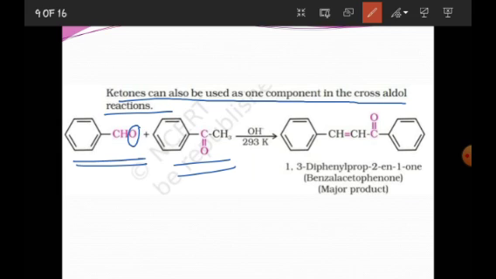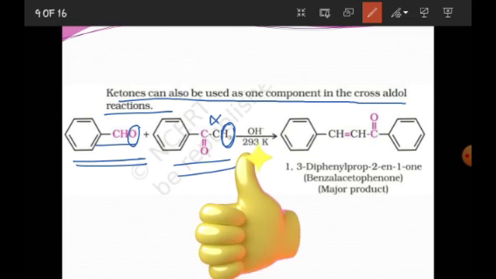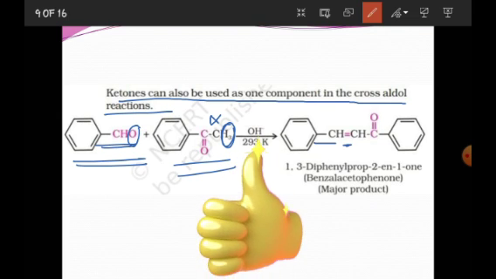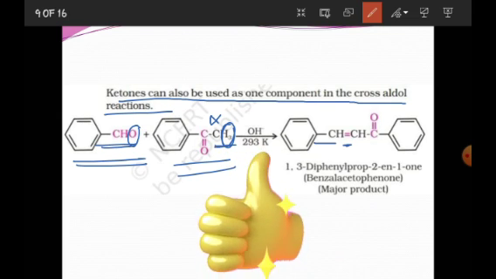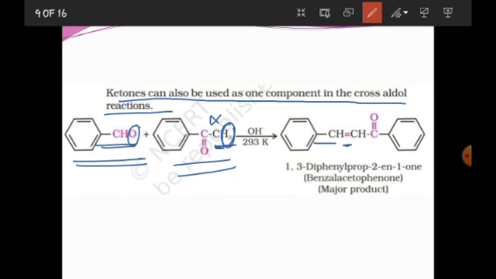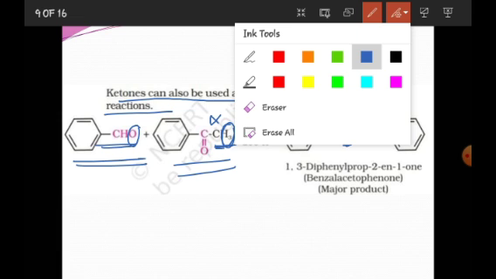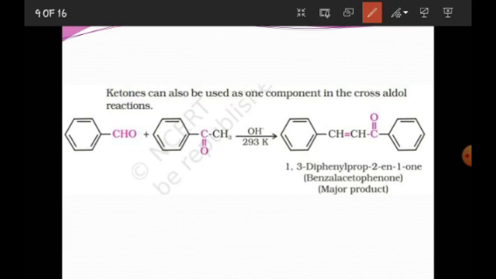Alpha carbon. See children, this will be alpha carbon and you will remove 2 hydrogens and simply write down CH till here, then put a double bond and start writing from here. What will be left? CHCO and then the phenyl ring. So if you use this trick, then you will be able to write down the product very quickly.